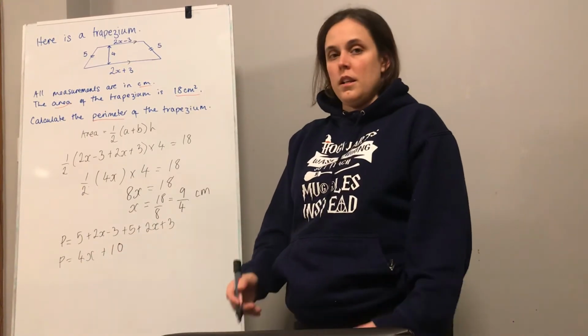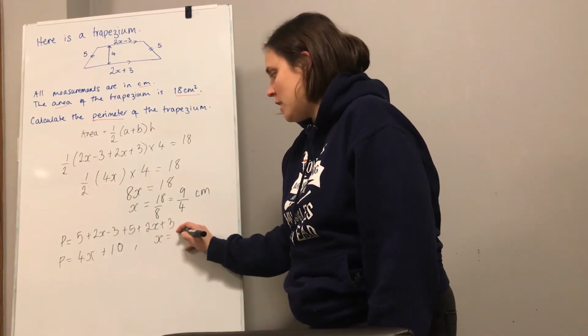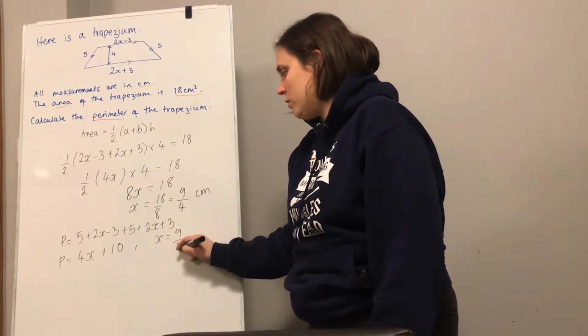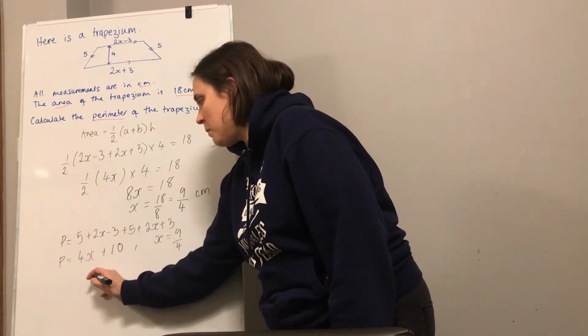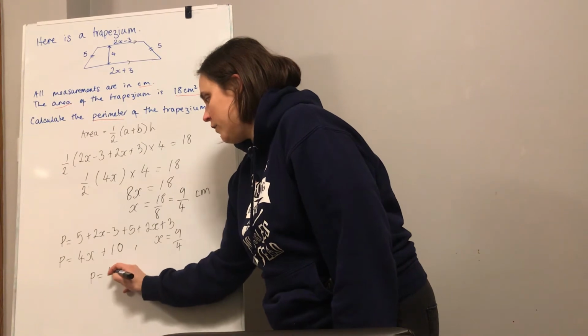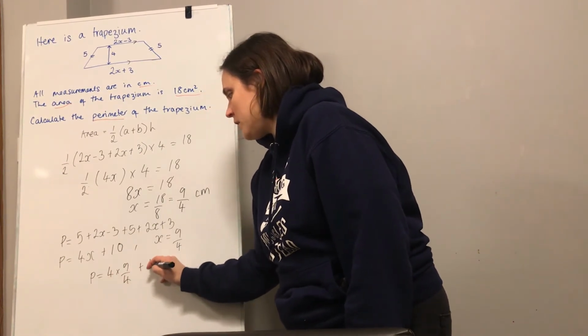Okay, so now we can do our substitution. We know that x is equal to 9 over 4, or 2 1/4. So now I substitute that in. So my perimeter is 4 lots of 9 over 4 plus 10.